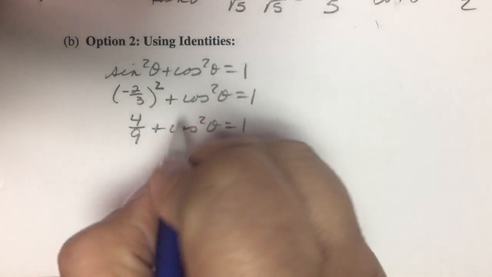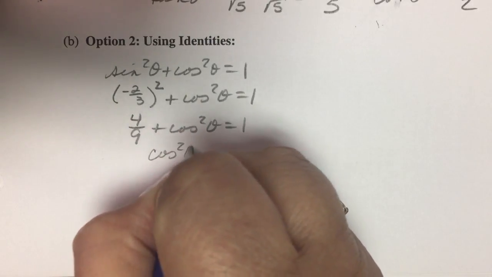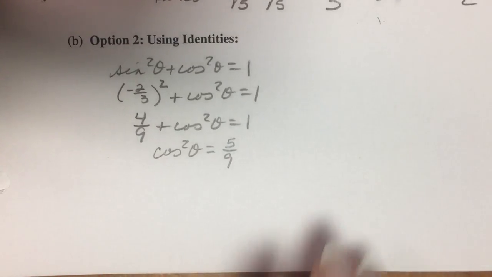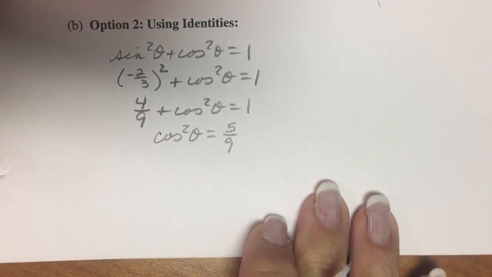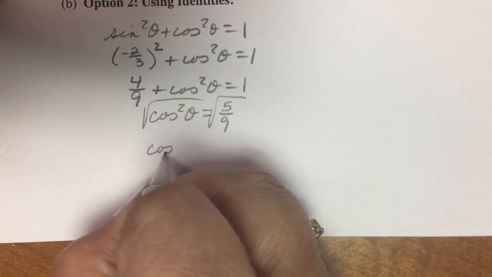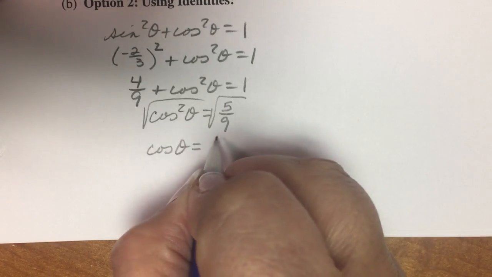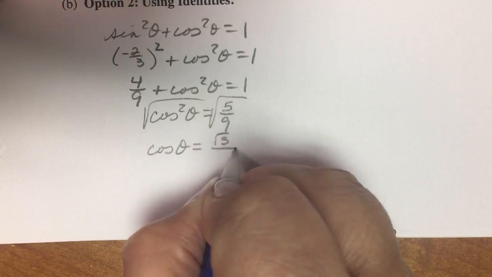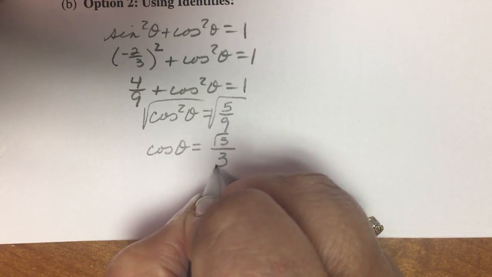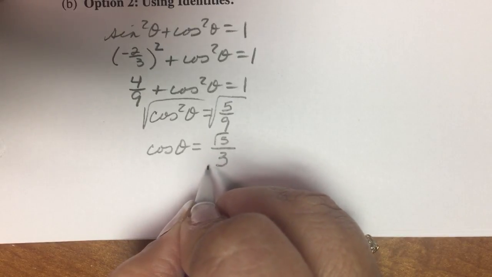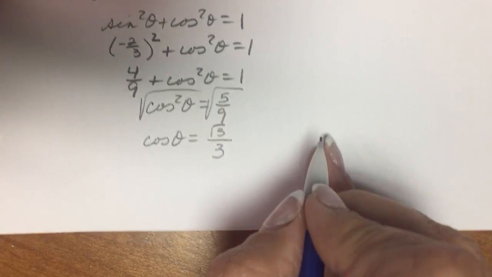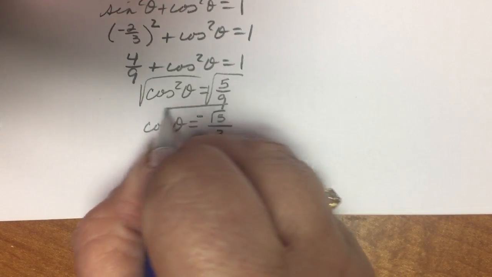If I subtract 4/9 from 1, I'm going to get 5/9. And then if I square root both sides, that means that cosine of theta is root 5 over root 9, but root 9 is 3. Now remember, it's plus and minus, but because I'm in the third quadrant, it's going to be the negative one.